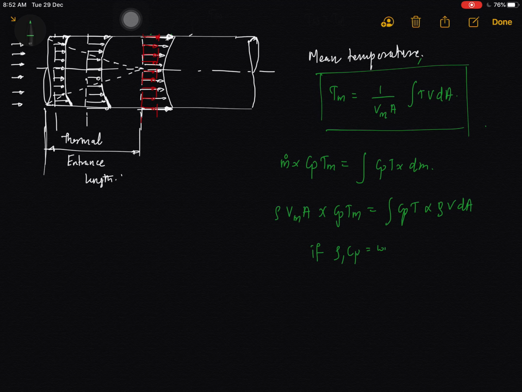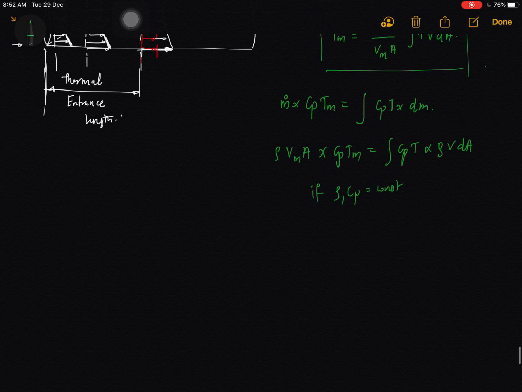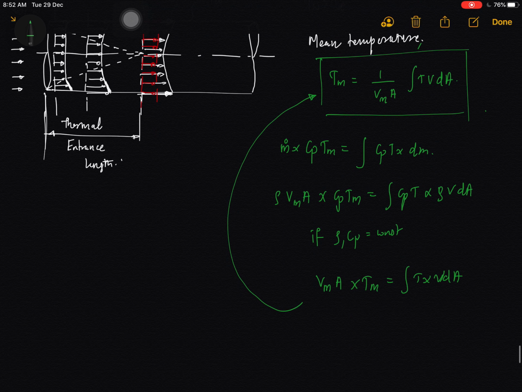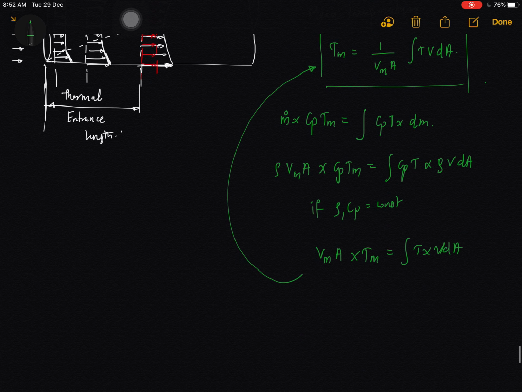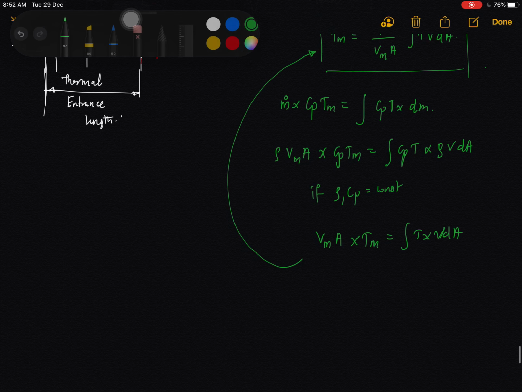For constant density and Cp, we can write Vm A Tm equals integral T v dA, and from this Tm is equal to 1/(Vm A) integral T v dA. So that is the equation for the mean temperature.